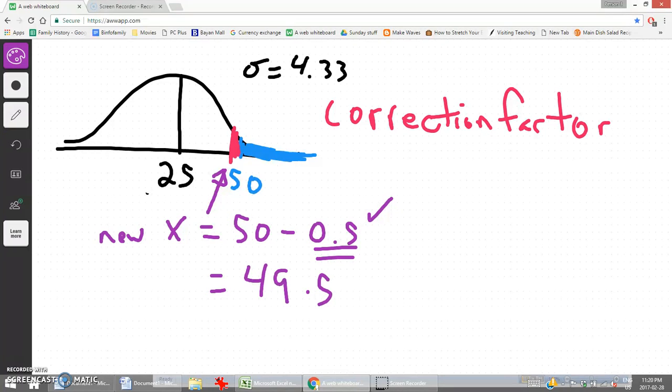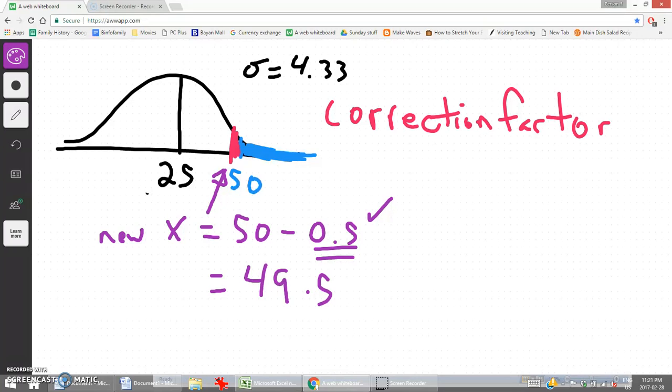Adding or subtracting this correction depends on what side of the distribution you're on and on the question, if it's more than or less than. The best way to determine how to apply that correction factor is to draw it out, shade in the original area, which we have in blue, and apply that correction factor to the shaded in area.